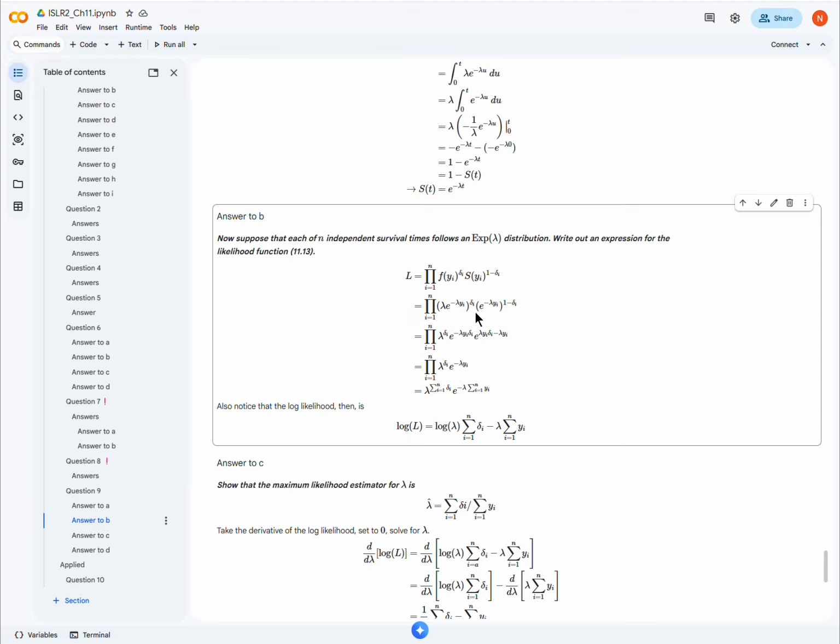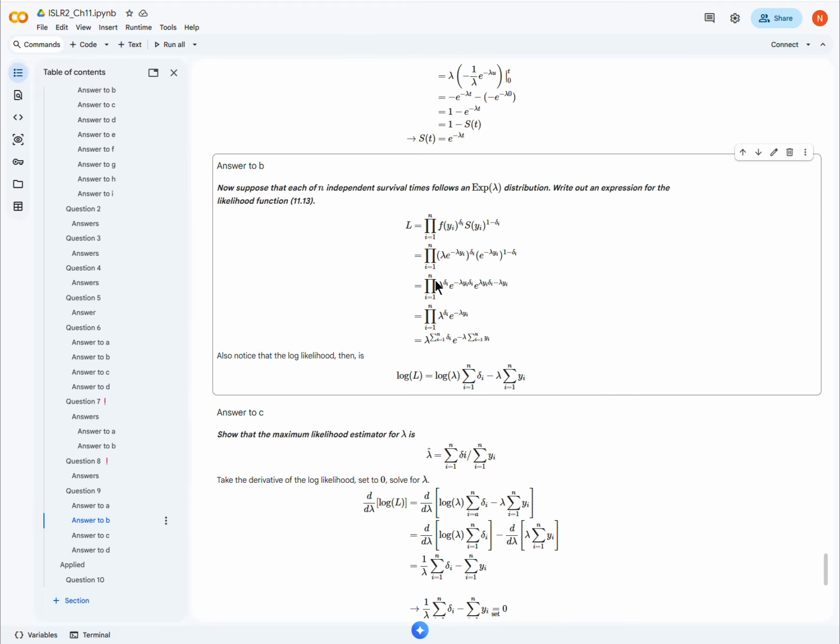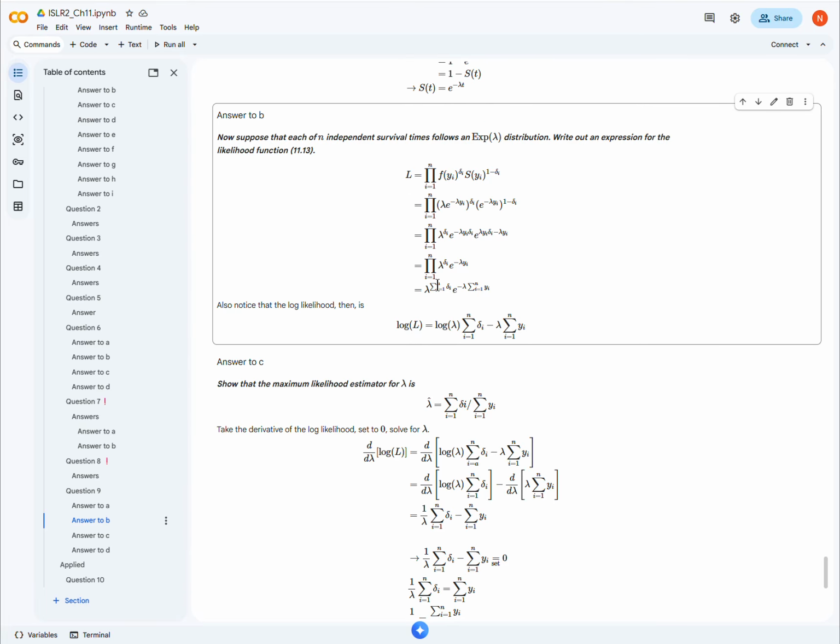There's really not much to say other than we expand until we get a function for the likelihood. Another important part about this is that because this function is often very ugly, we often take the logarithm of it to get the log likelihood. And so if you take the log of this likelihood, you come up with this expression right here.